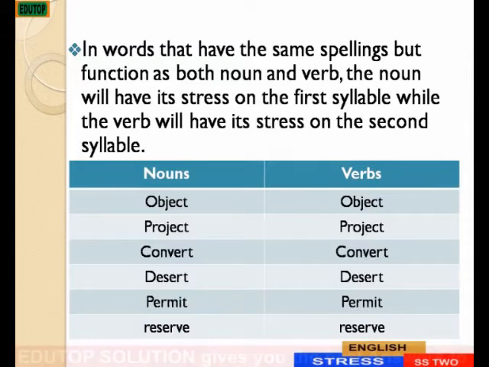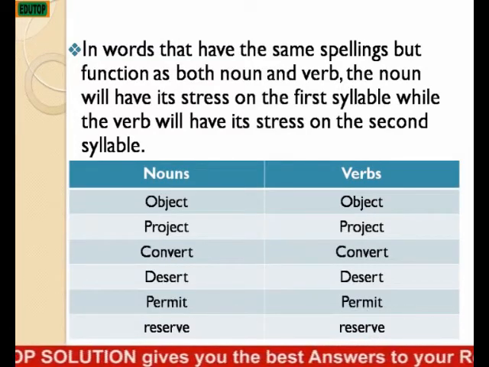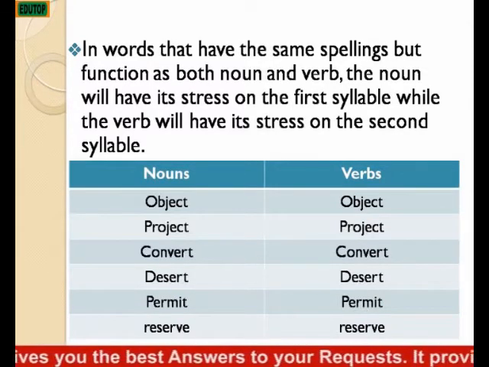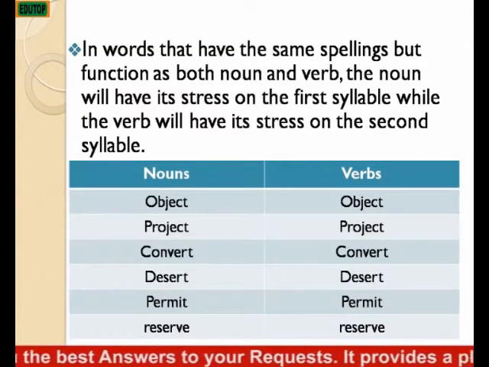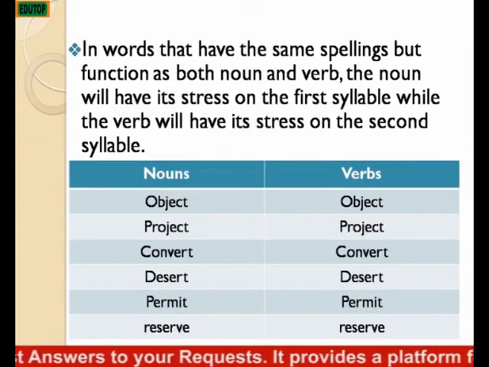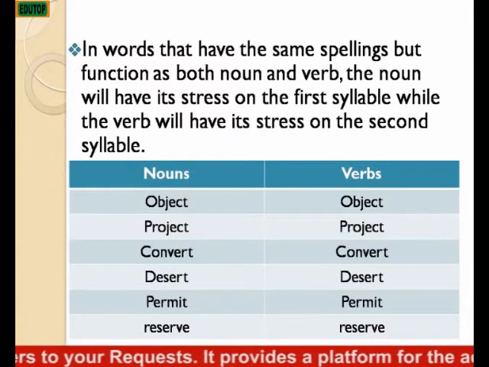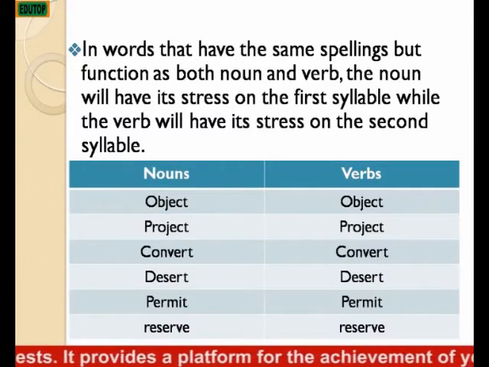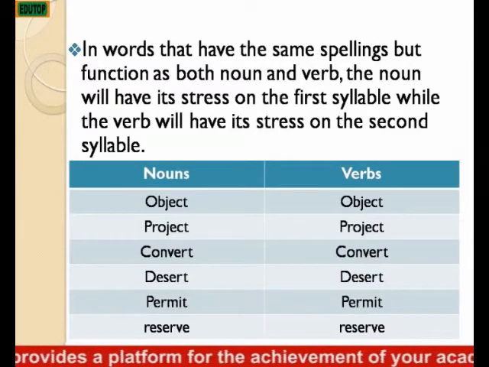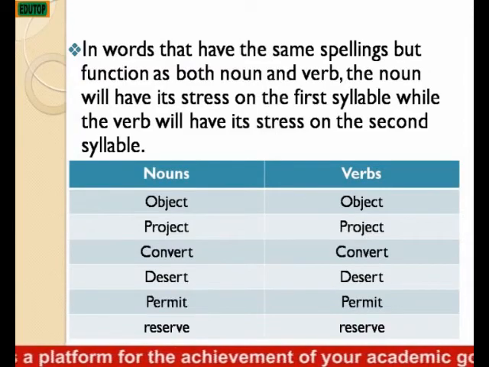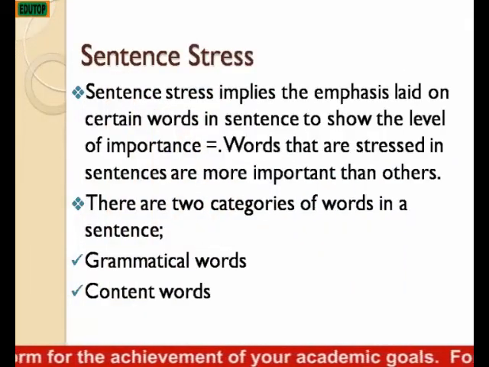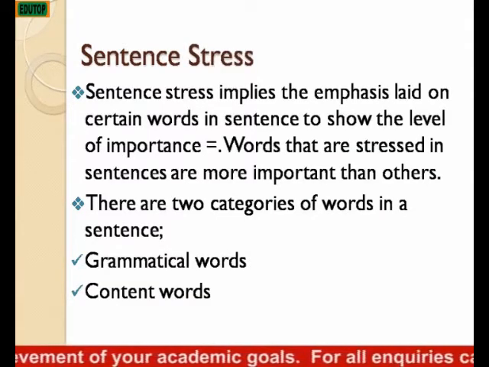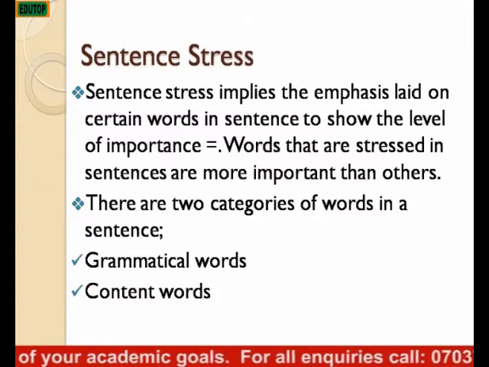Examples include object, project, convert, desert, permit, reserve. Sentence stress implies the emphasis laid on certain words in sentences to show the level of importance.